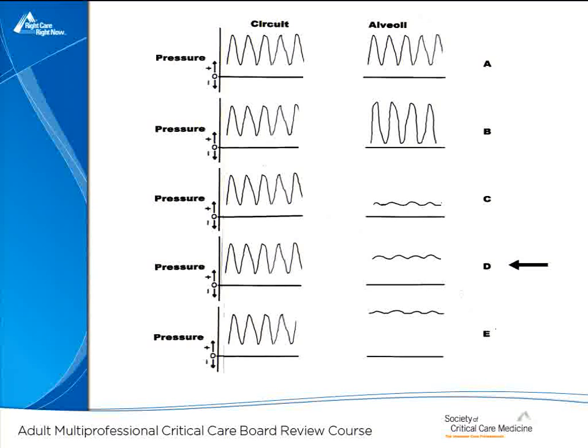And this is the theoretical advantage to high frequency. You don't have high pressures that may overdistend the lung, and you should have very good maintenance of recruitment. Indeed, one way of thinking about high-frequency ventilation is that it's really CPAP. Put it maybe more specifically, I like to think of it as CPAP with a wiggle.